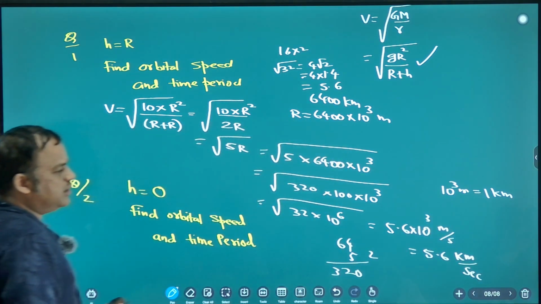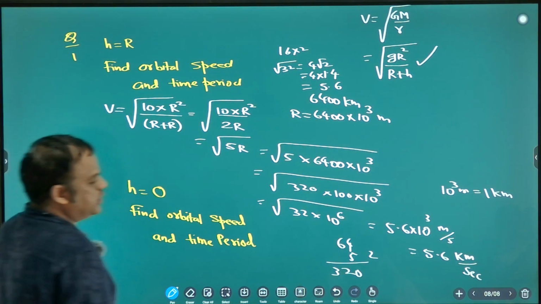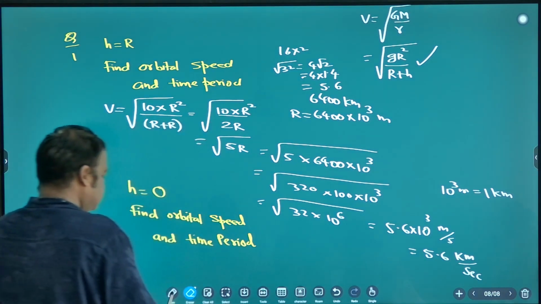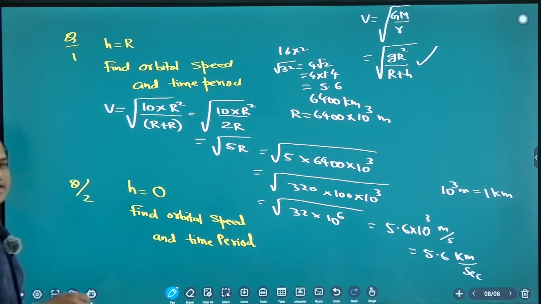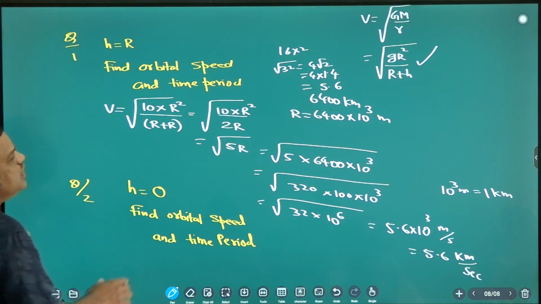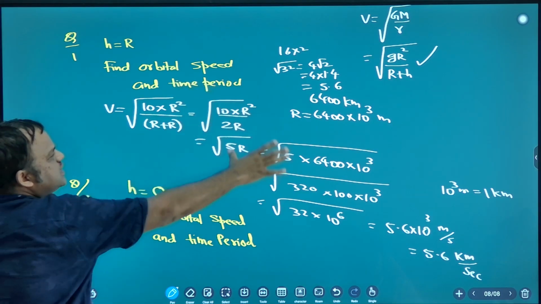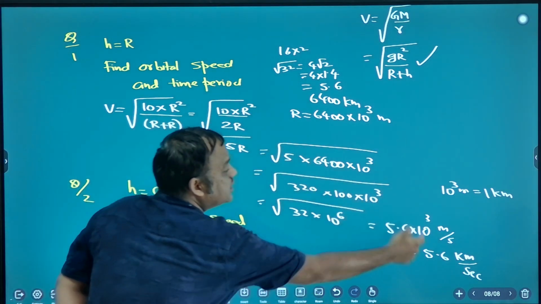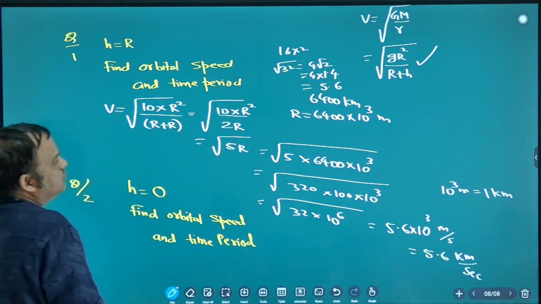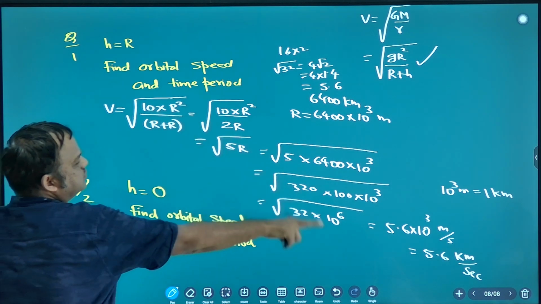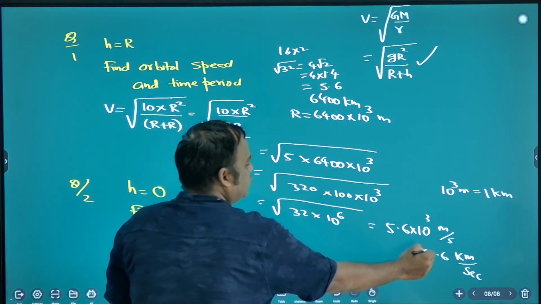Okay, note down. 5.6 kilometer per second. Okay, understood? See, the chance is less that this type of question will come, like find exact answer. But suppose they ask, you can solve like this.